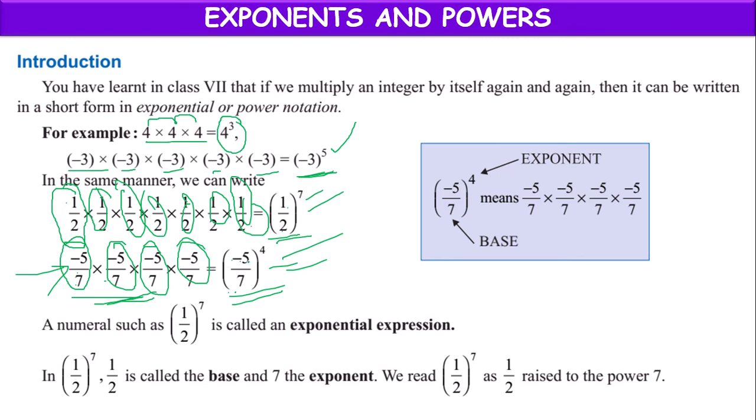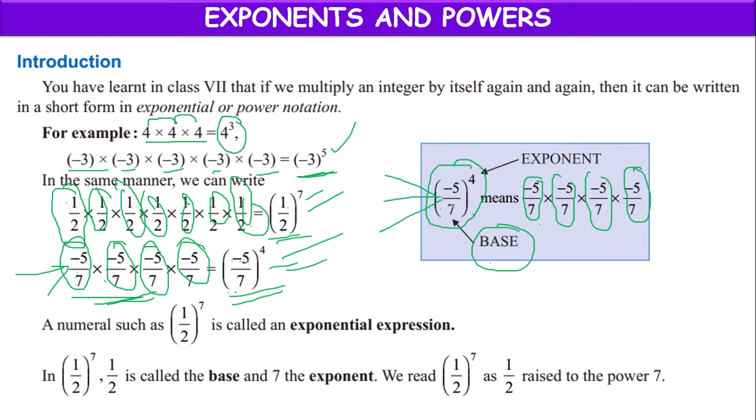In this minus 5 by 7 whole power 4, the rational number which is multiplied so many times, that number is called the base. The number which is multiplied so many times may be an integer, a fraction, or a rational number.